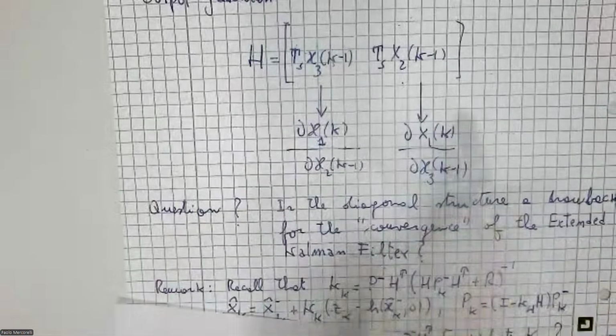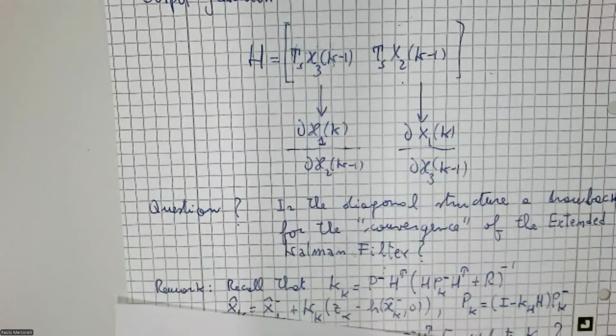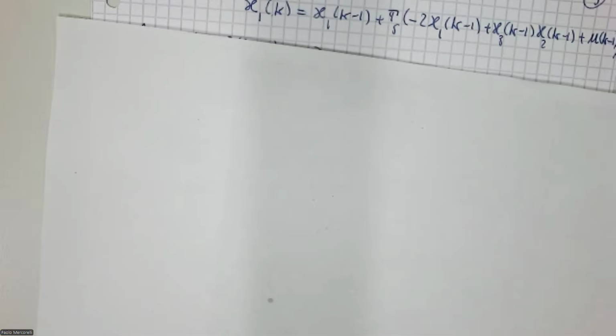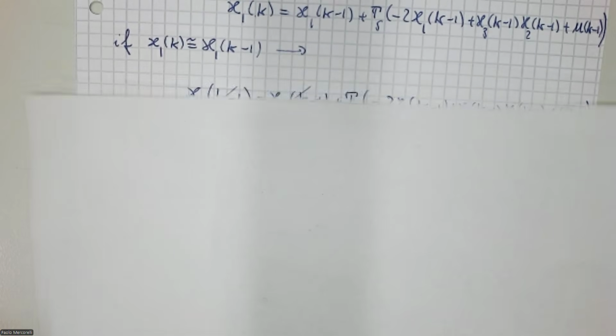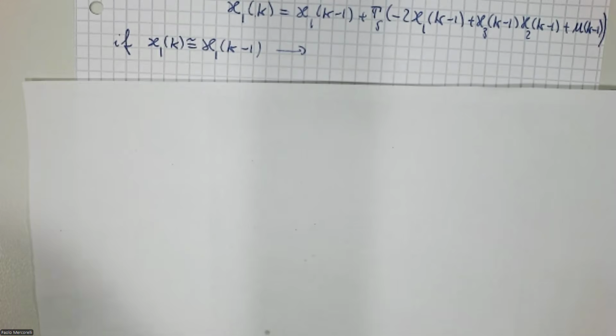Look, the output Jacobian is this one. Look now, and then I will show you with the simulation what I can do nevertheless. Again, this is the output. And let me consider now x1 of k circa equals x1 of k minus 1. Why this hypothesis, this assumption? When we consider an assumption, we have always discussed it.